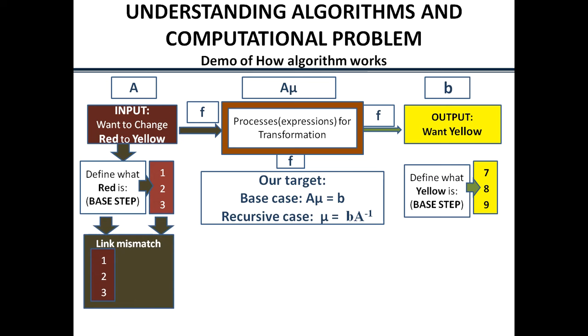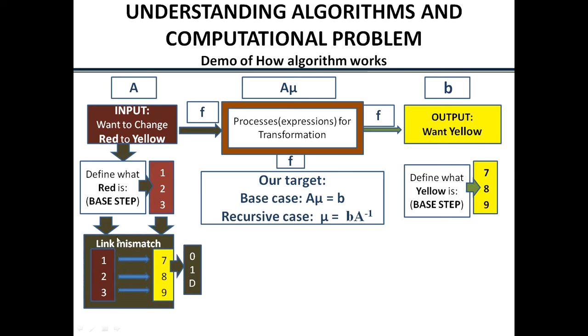Another function, remember this is now happening inside our system. After inputting, we are now reading the function. We want to link the mismatch. So we are linking the codes of red to the code of yellow, such that when we give that to the input system, the input system will take our function.